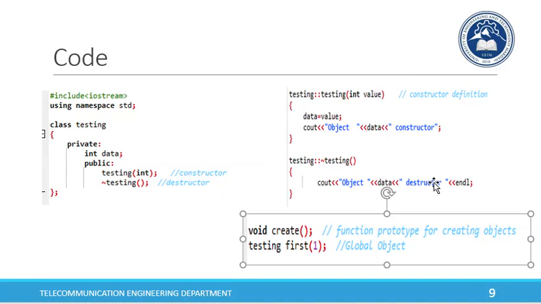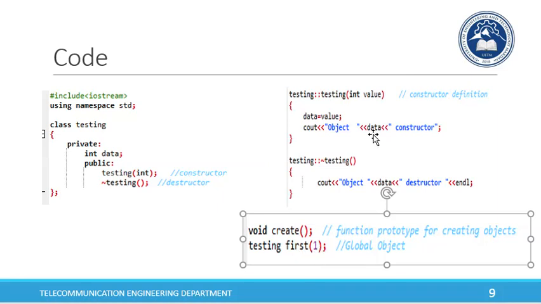Then we will declare a function create with the return type void, and then this is the first object, which we will create globally. This is the name of the class, and with the name of the class we are declaring this object first, and we have assigned it the value one.